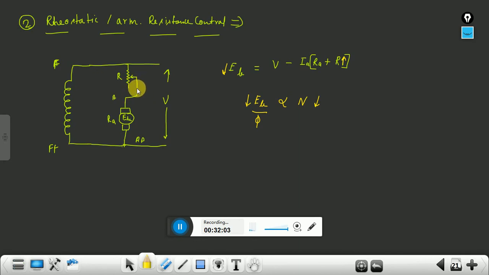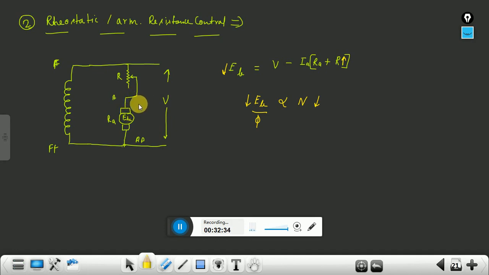It includes resistance and produces more copper loss. Okay, so due to this resistance there is more copper loss here, therefore this method is less efficient.